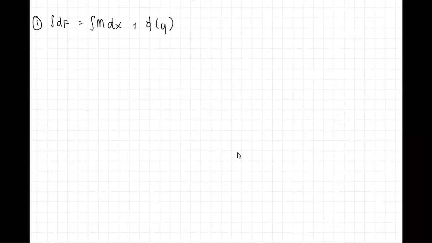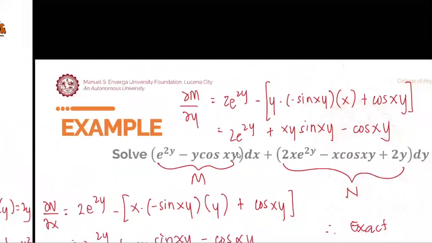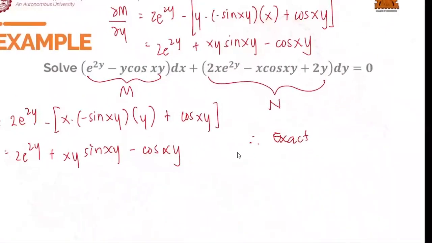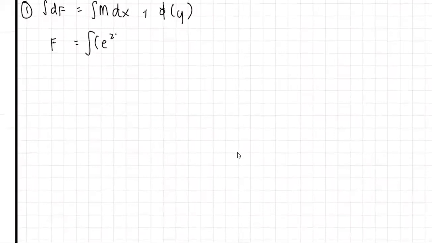Okay? So this will be f is equals to, yung M natin dito is e^2y minus y cosine xy dx plus phi y.